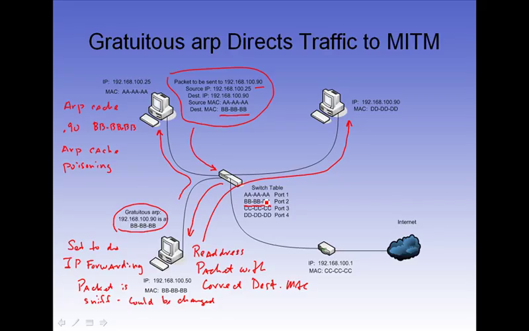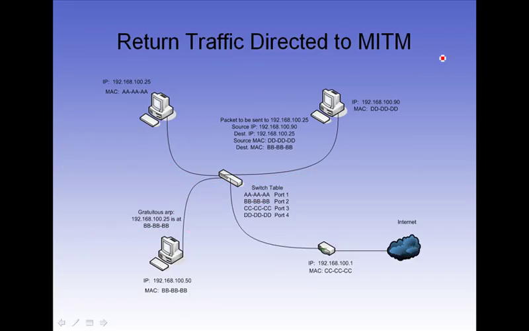So this is your basic man-in-the-middle attack. To get the return traffic directed back to the man-in-the-middle, it's simply a process of doing the same thing in the other direction. In this case, we're going to tell the other computer that the .25 machine is at BBBB.